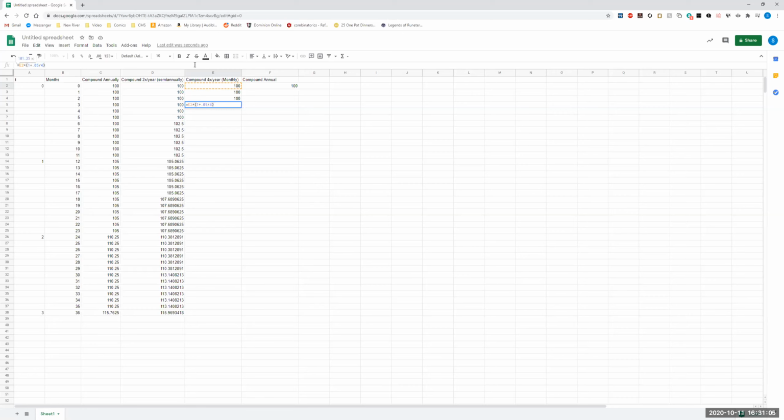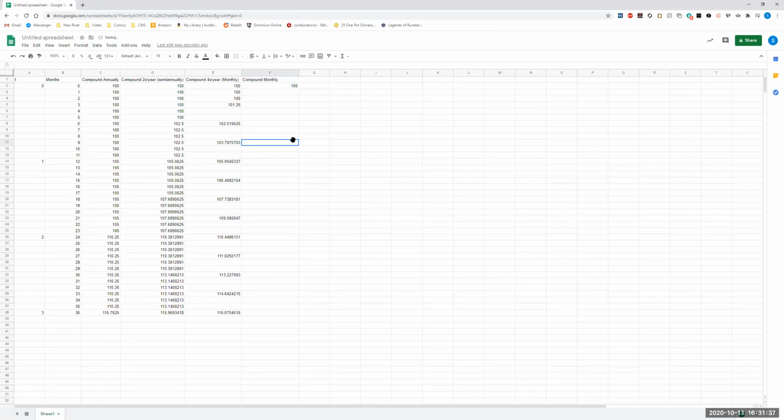And we can take this and copy it so that every 3 months we get this new amount of interest. And we see that the more frequently you compound, the more money you have. It's not a huge difference, but it does make a difference.